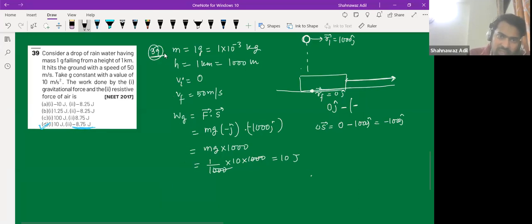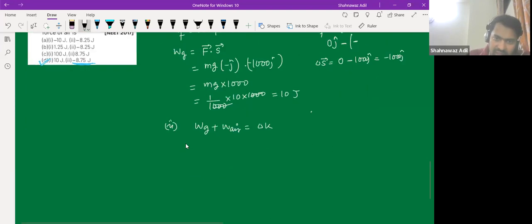which is troubling, right? So the second part is that from the work energy theorem, total work done would be equal to the change in kinetic energy. So change in kinetic energy is how much?